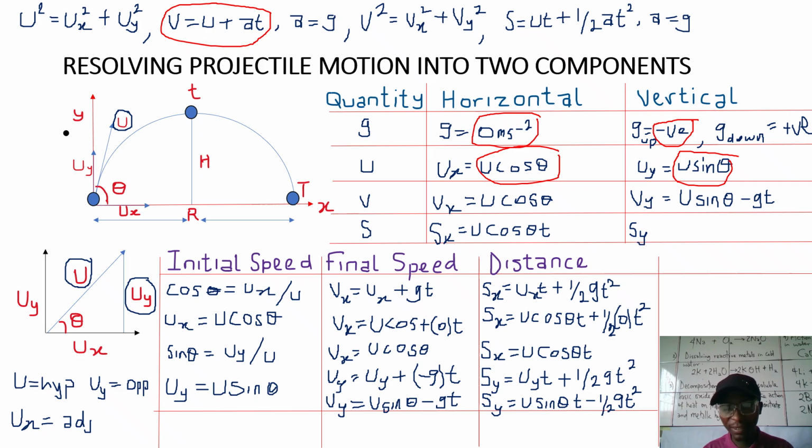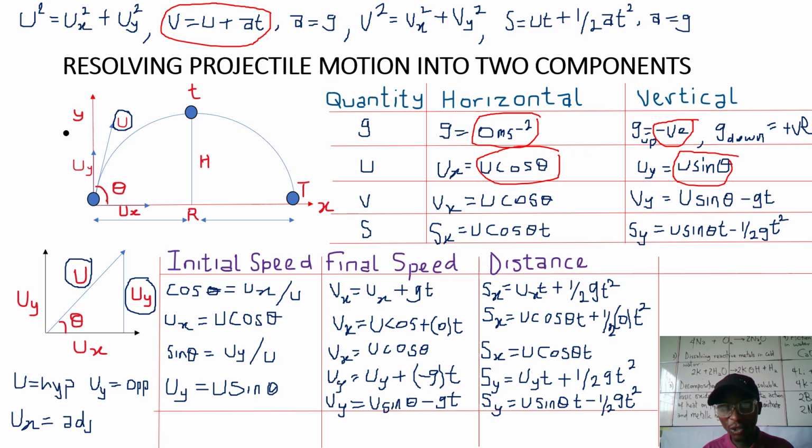On this slide, we want to resolve our projectile motion into two different components, which are the vertical component and the horizontal component respectively. And we've been able to do that. We've gotten an expression for acceleration due to gravity, our initial speed, as well as our final speed, and also the total distance covered along both the horizontal axis and the vertical axis.